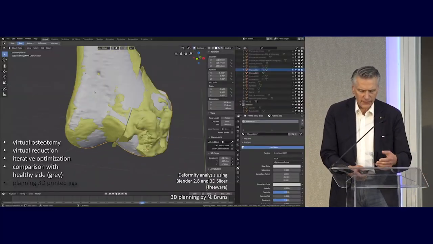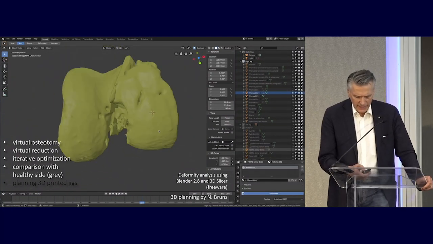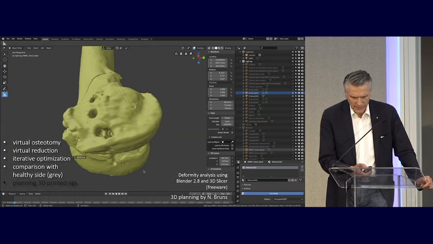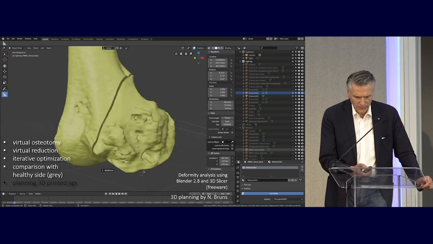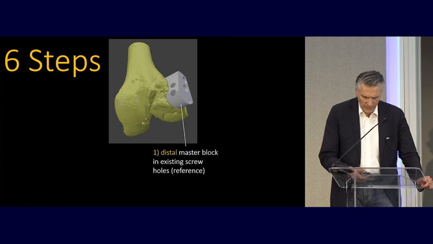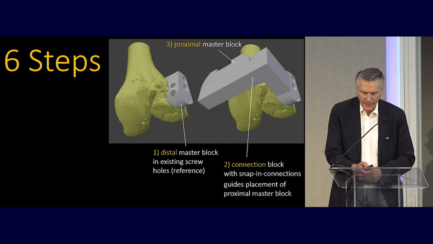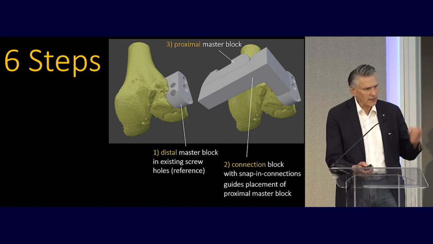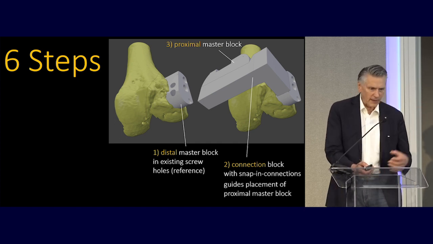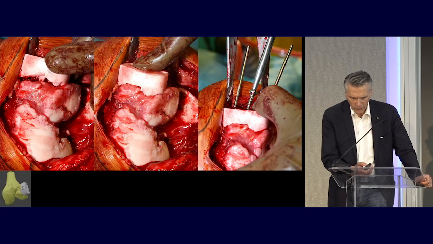We use the existing drill holes, which is easy because they are clearly defined in the 3D data set. And with this information, we printed several master blocks to the distal and proximal fragment, and they all have snap-in connectors. So once they are connected, they give a predefined orientation.